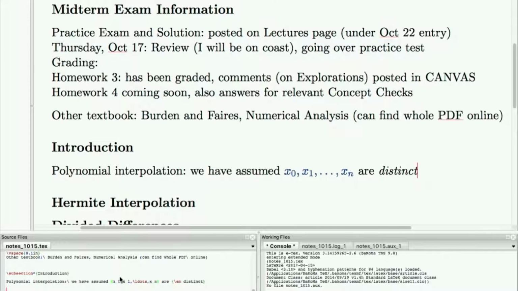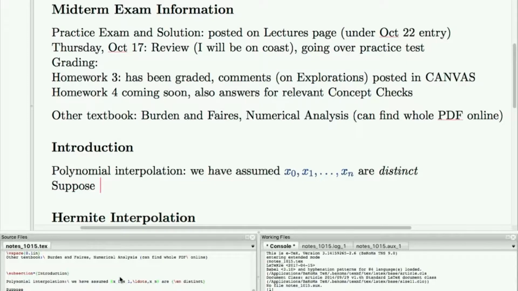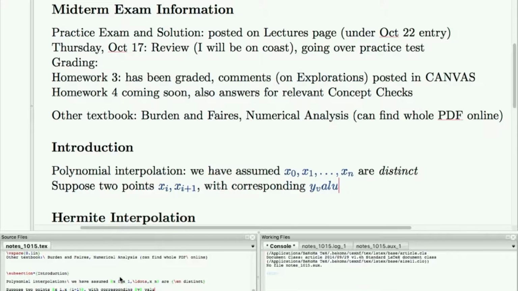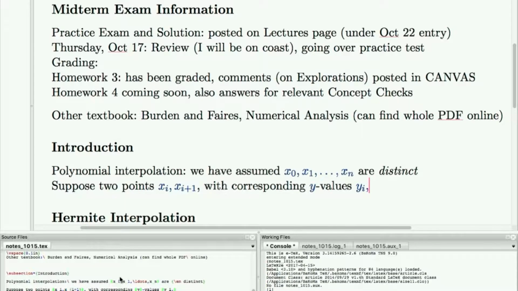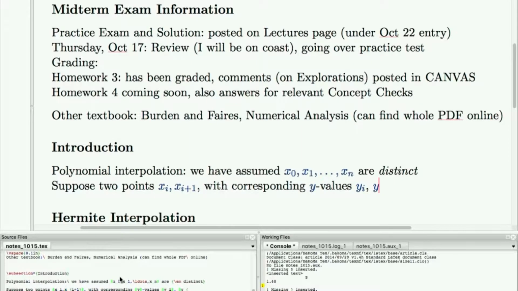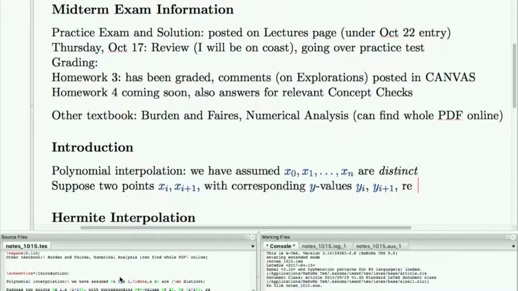Now, suppose two of these x values, x_i and x_{i+1}, with corresponding y values y_i and y_{i+1}, are approaching each other.